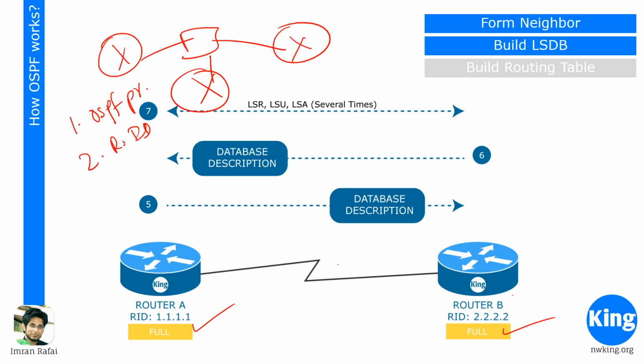Whoever has the highest OSPF priority will become the DR. If the OSPF priority matches, like if it's a tie, then they would look at the highest router ID. Whoever has the highest router ID would become the DR. Similarly, a backup designated router is elected. Now, if the DR were to die for some reason, immediately the BDR would become DR and another BDR would be elected, right? This is very critical.